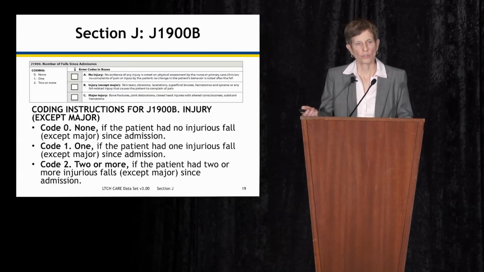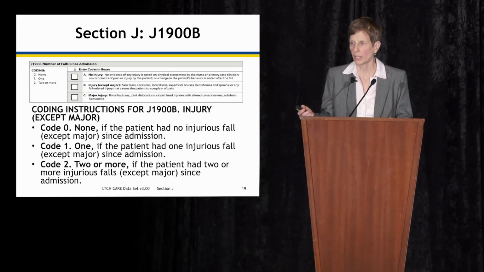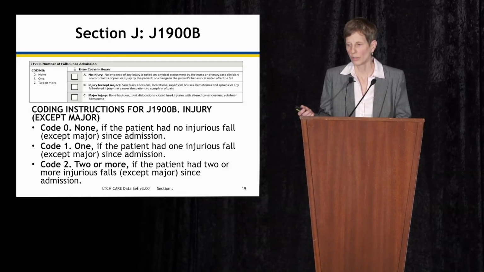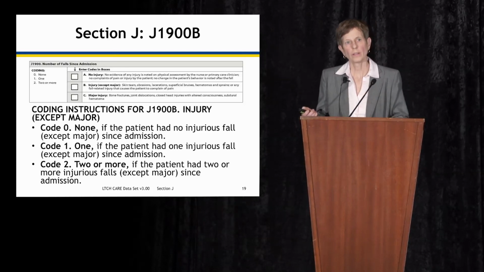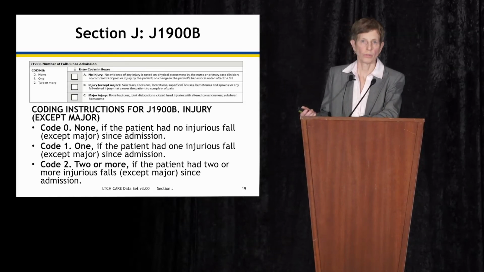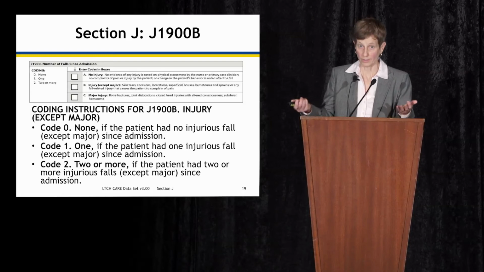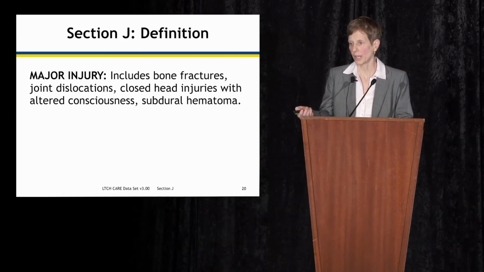The coding instructions are the same. 0 indicating none if the patient had no injurious fall except major since admission, 1 if there was 1 injurious fall except major, and 2 for two or more injurious falls except major. So it's very similar to J1900A.